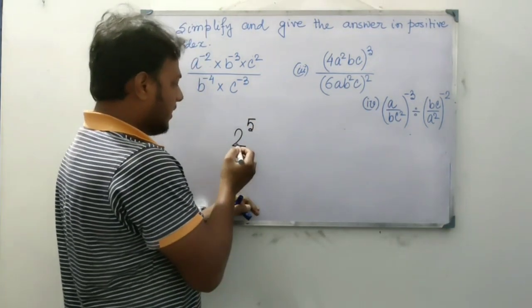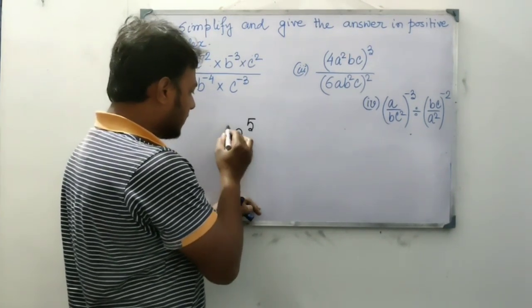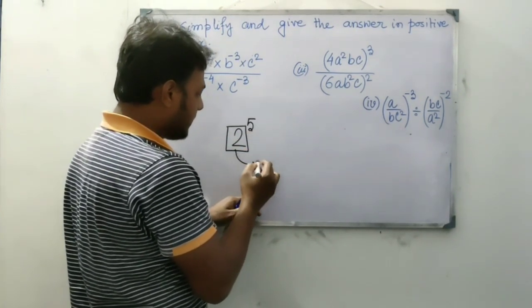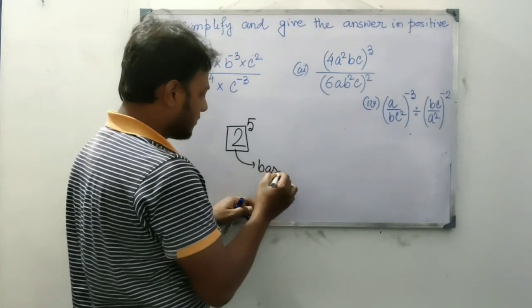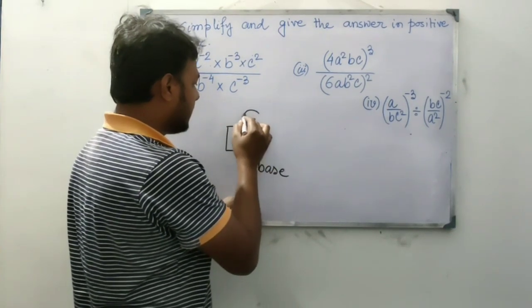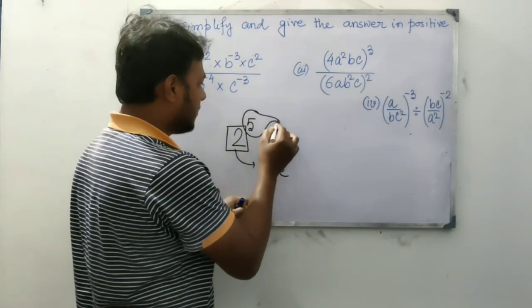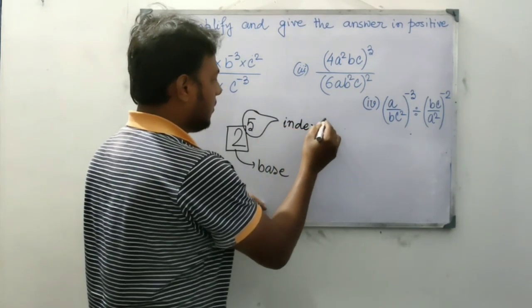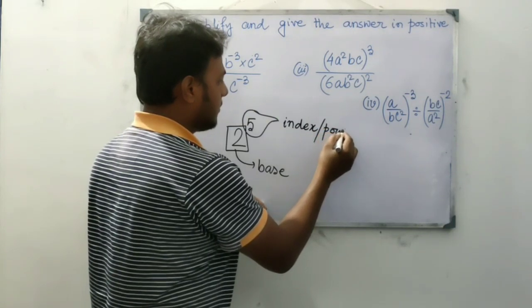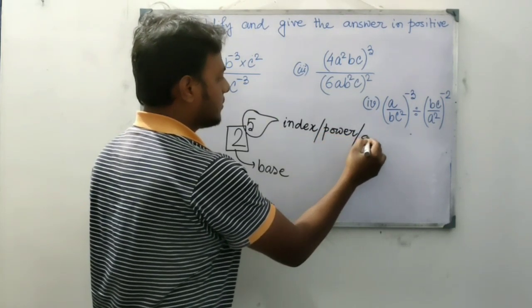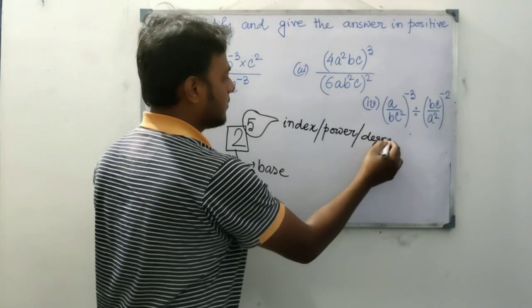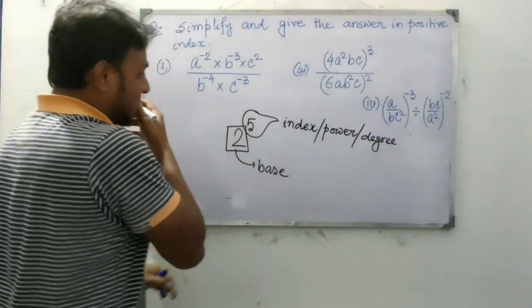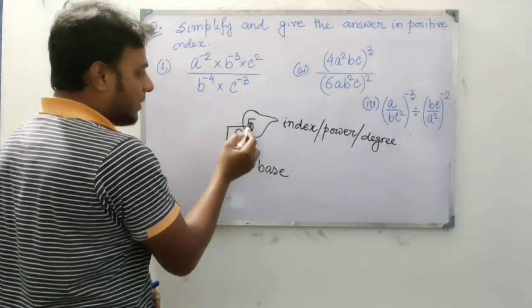Here 2 is called the base, and this 5 is called the index or power, or sometimes degree also. So you have to keep this number as positive.